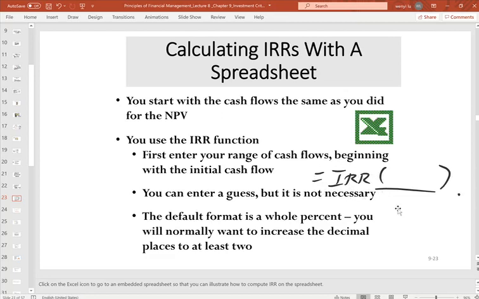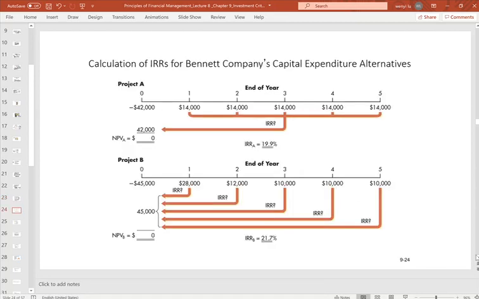Please try this one. So we will use the same example we did for the Bandit company. Now we will solve the IRR for both projects.